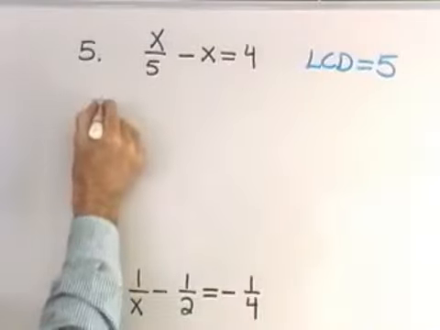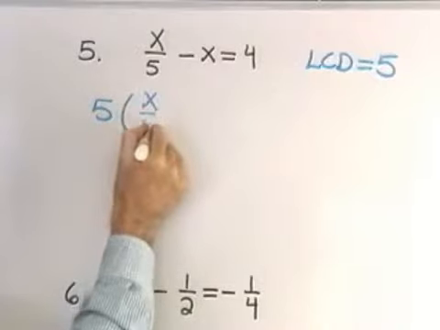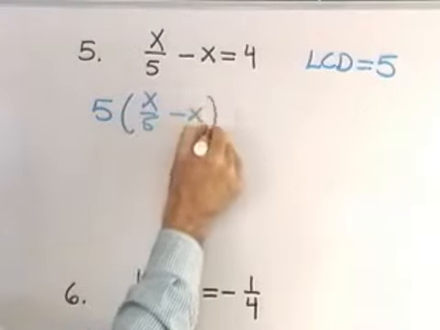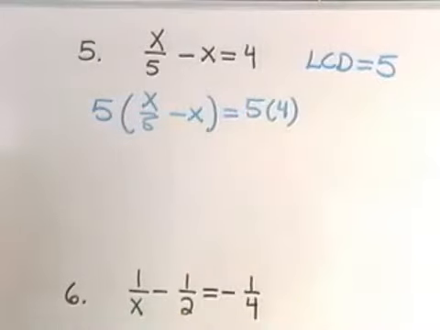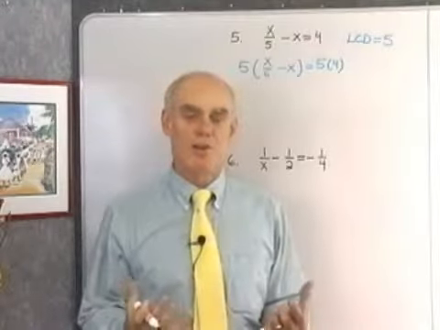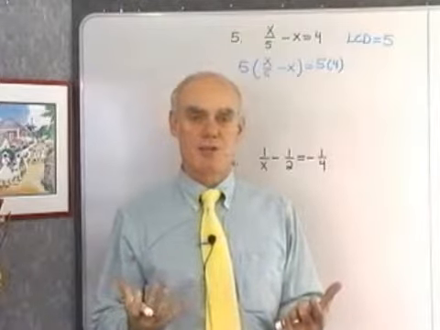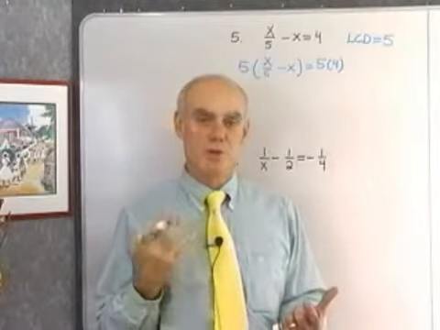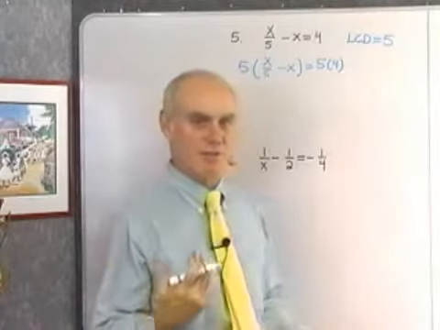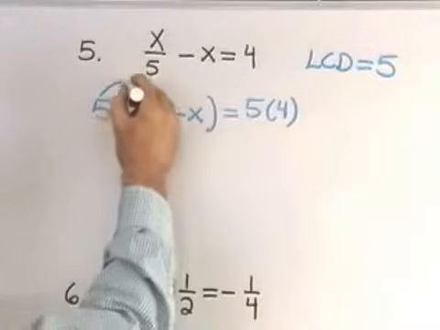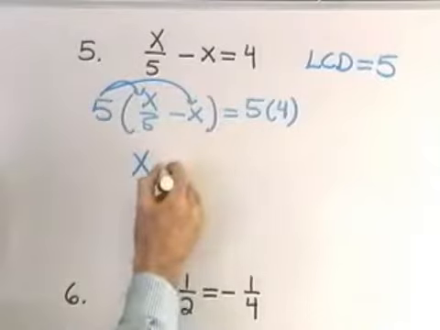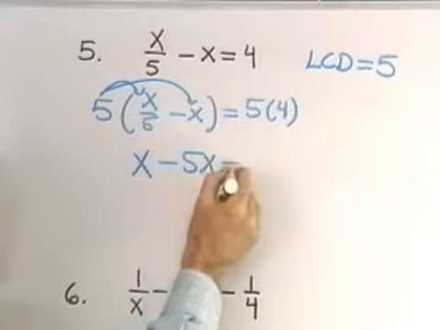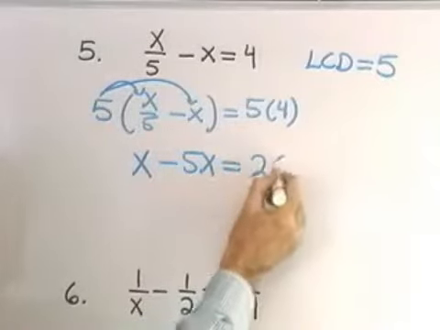I'm going to multiply the left side by 5, and I'm going to multiply the right side by 5. So I use my multiplication property a little bit out of order here. I'm multiplying both sides by the least common denominator first, but the reason why I do it is to clear the equation of fractions. So 5 times x over 5 is just x. 5 times x is 5x, and then 5 times 4 is 20.